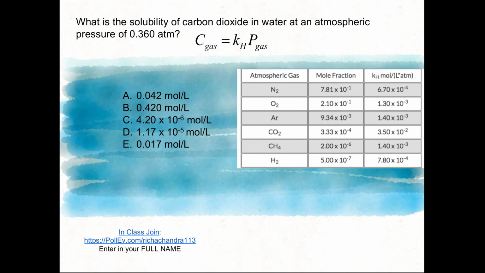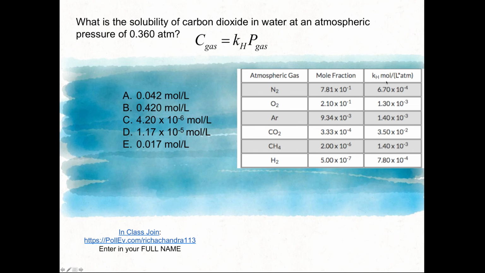All right, this brings us to the very last poll everywhere question and the last slide of chapter 11. What is the solubility of carbon dioxide in water at an atmospheric pressure of 0.360 atm? Using Henry's law, we have concentration of gas equals the Henry's constant times the partial pressure of the gas.